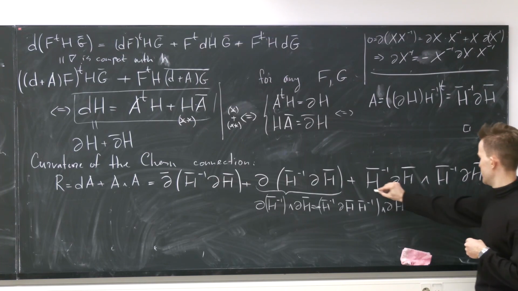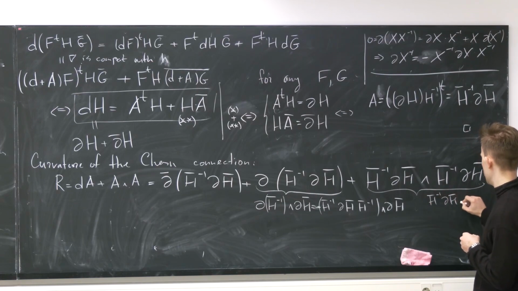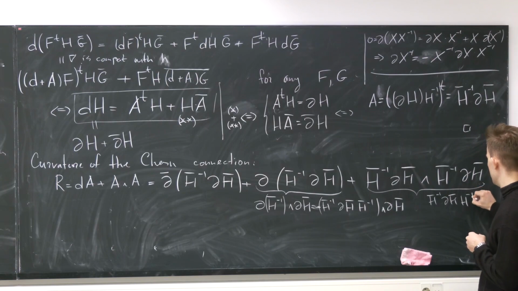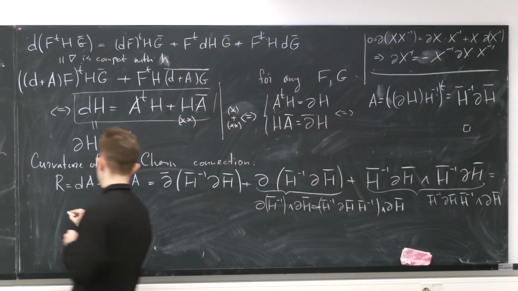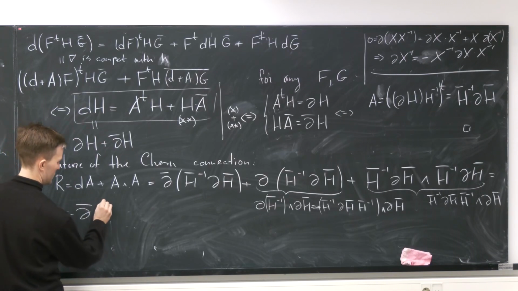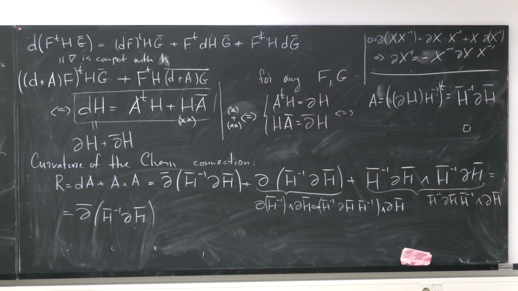So I can also rewrite this as H bar inverse del H bar, and then H bar inverse, and then wedge del H bar. So these two terms cancel each other, and I finally get del bar H bar inverse del H bar. So that's the expression for the curvature.